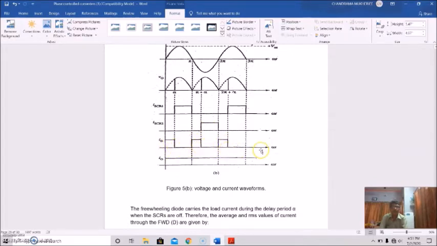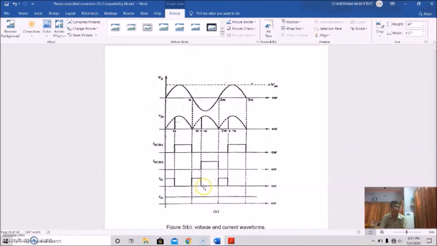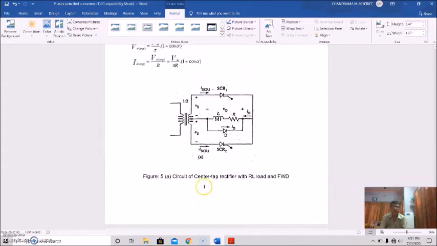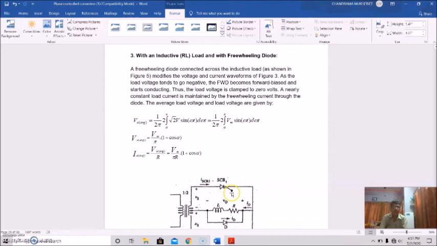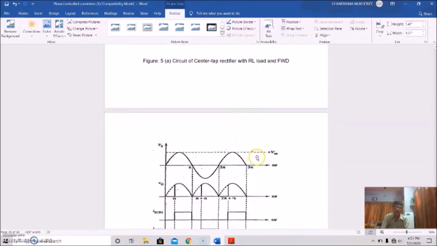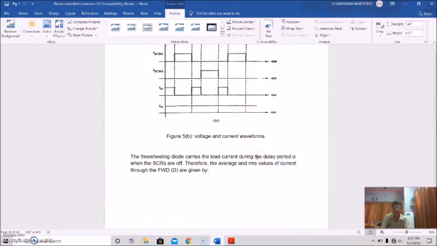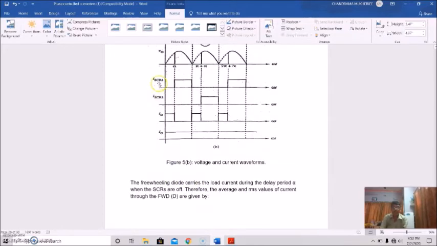Here, actually, these are the voltage and current waveforms of this circuit. Now, this average load voltage and load current we have calculated here. This is the waveform. So, the freewheeling diode carries the load current during the delay period. See, this is the delay period.